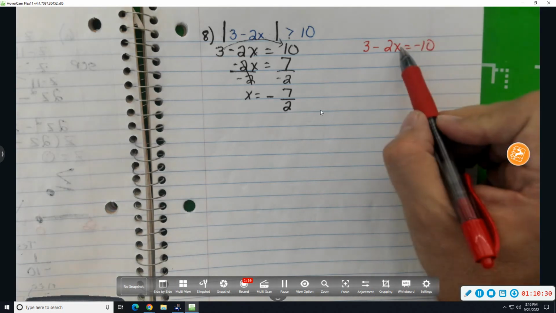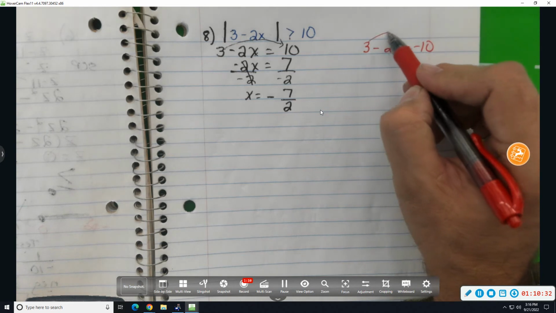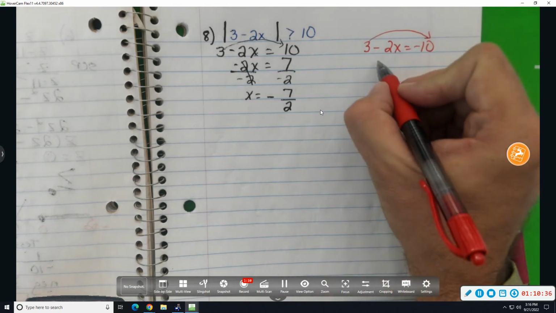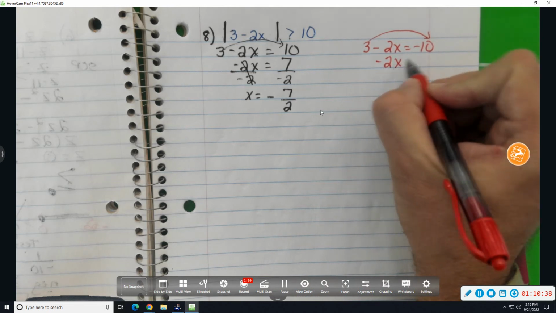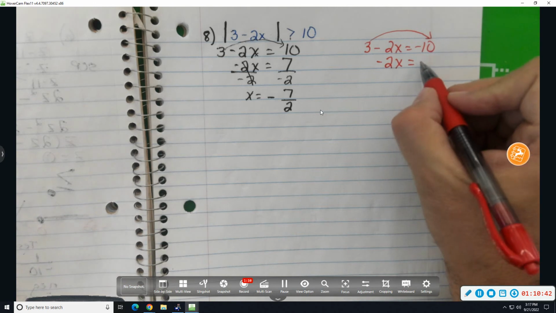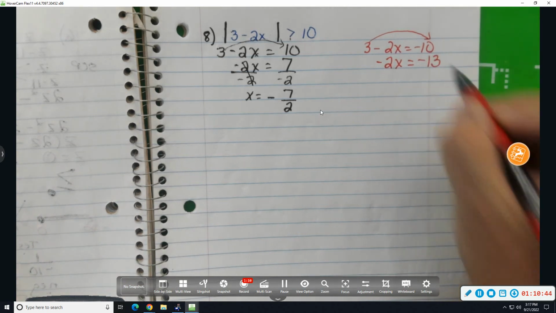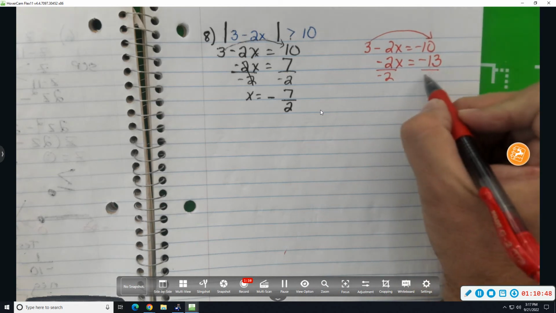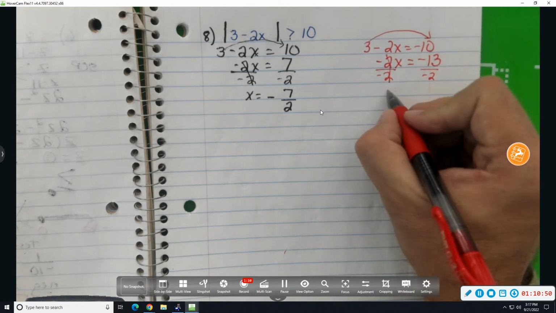What about over here? We would do those same steps. Subtract 3. So is that going to be a negative 13? Divide both sides by negative 2, and what are we going to get? Positive.